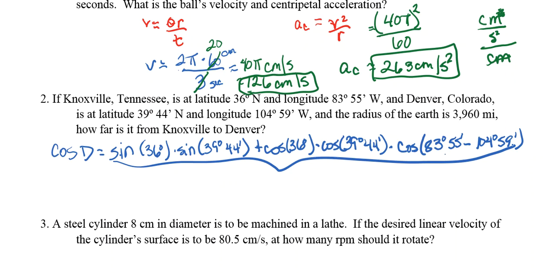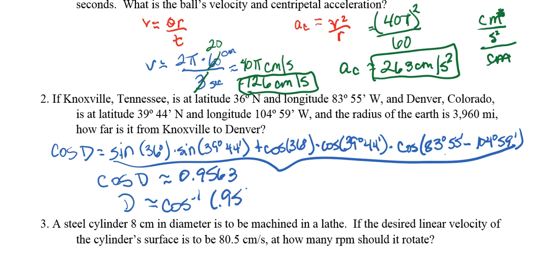When I plug that in, I still have the cosine of D on the left, and that is approximately 0.9563. Because I'm looking for D, I'm actually going to do the inverse cosine of 0.9563, and when I do that, I get D is approximately 17 degrees, or if you wanted your answer in radians, 0.30 radians.